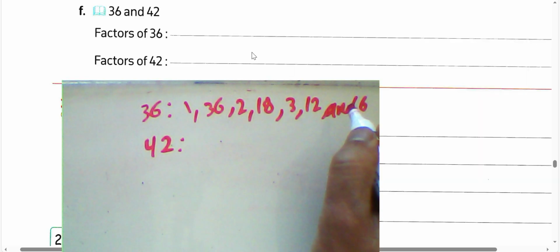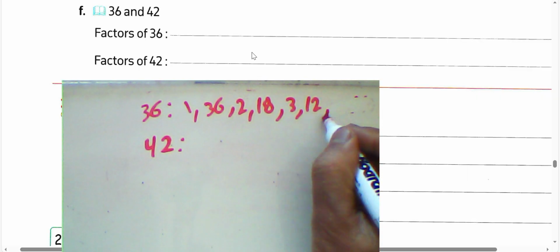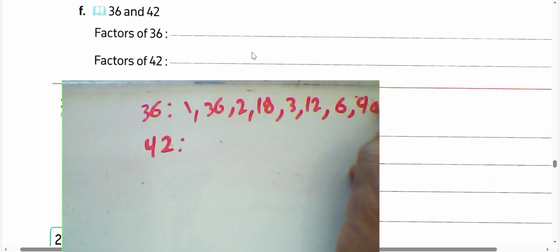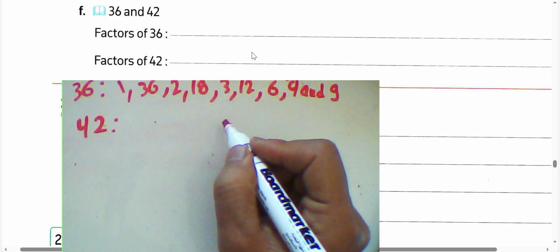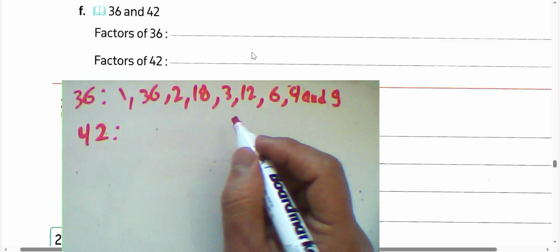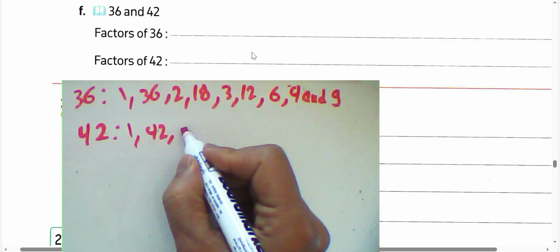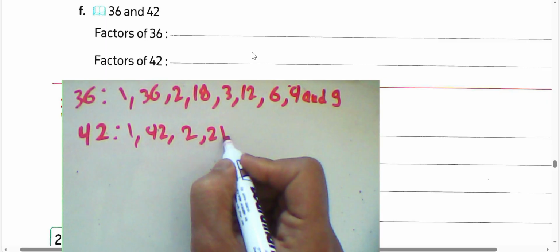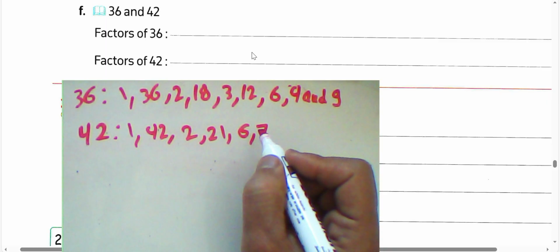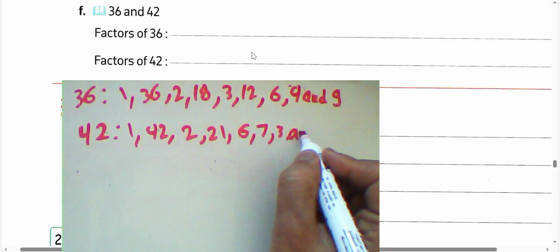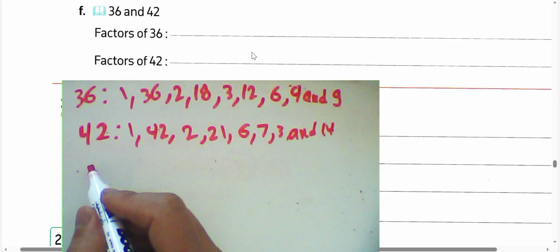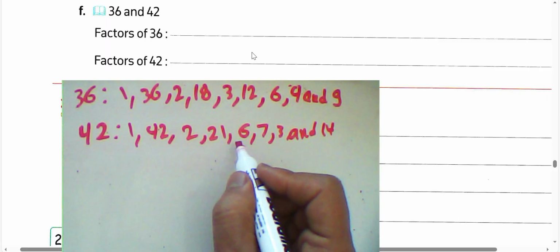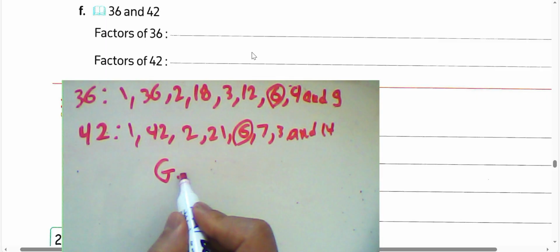And 4 times 9 is 36. Factors of 42: 1 and 42, 2 times 21, 6 times 7, and 3 times 14. Then the highest common factor between them is 6, or greatest common factor.